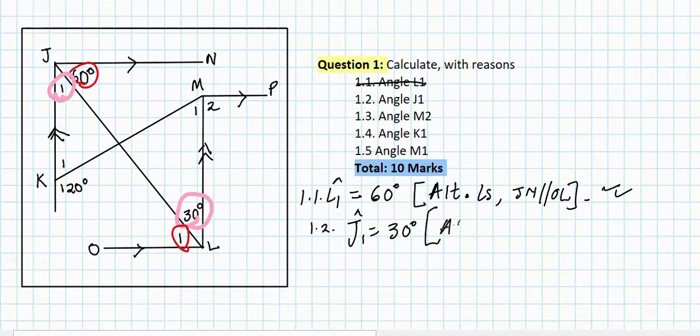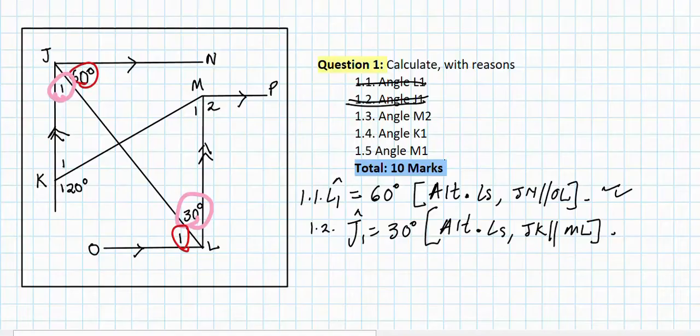Reason: alternating angles. And then I'm going to say JK is parallel to ML. Just like that. Question 1.2 already in the bag too.